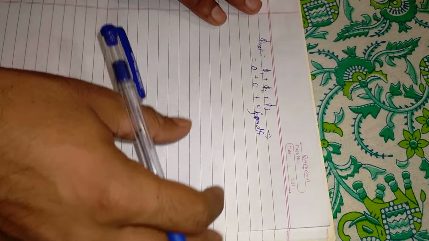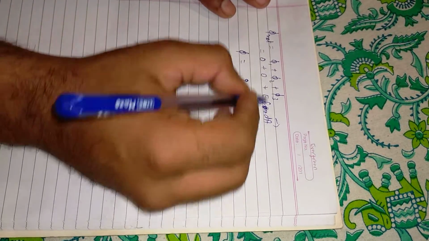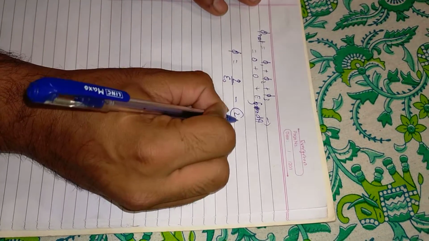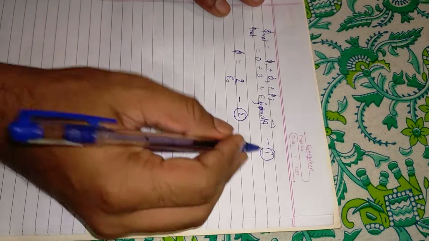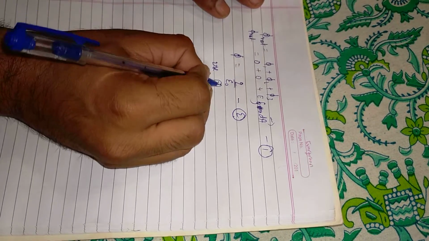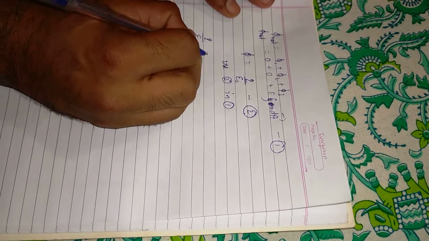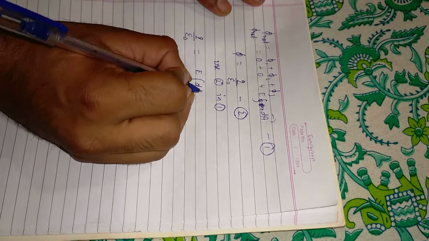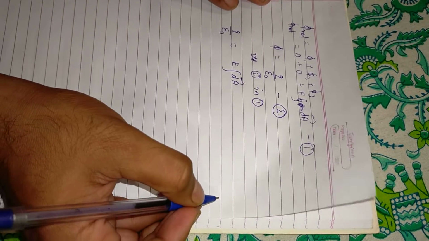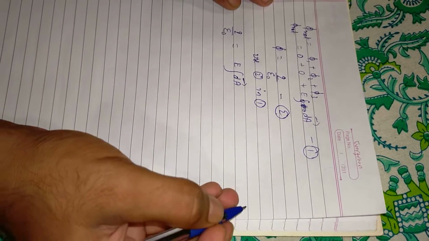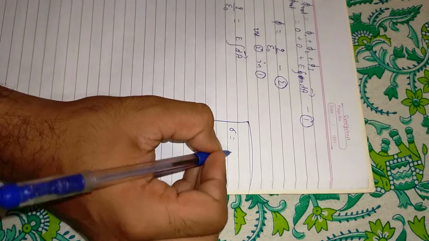Now you know phi is equal to Q over epsilon naught also. We give this expression number 2 and phi net expression number 1. Use 2 in 1: Q over epsilon naught equals E dA. We know the charge density, sigma. What is it?